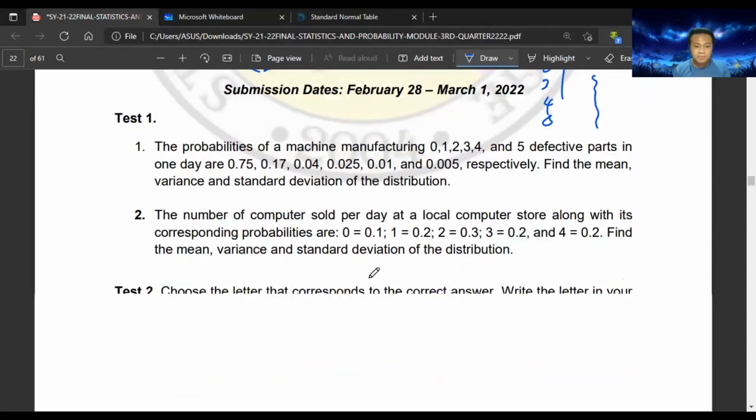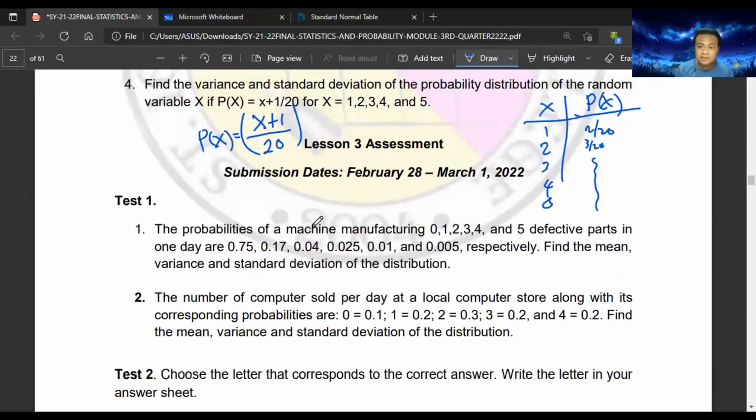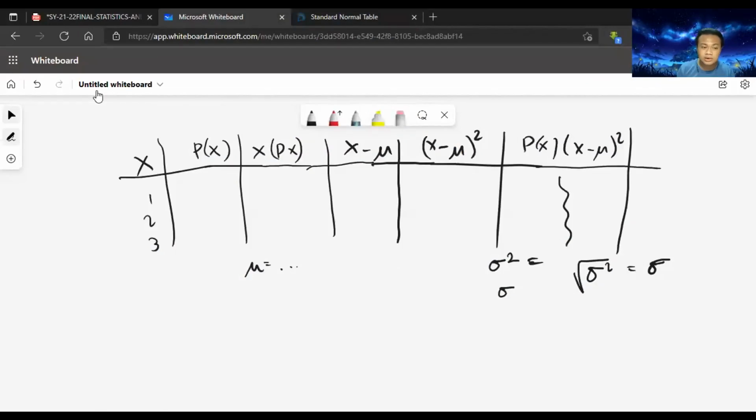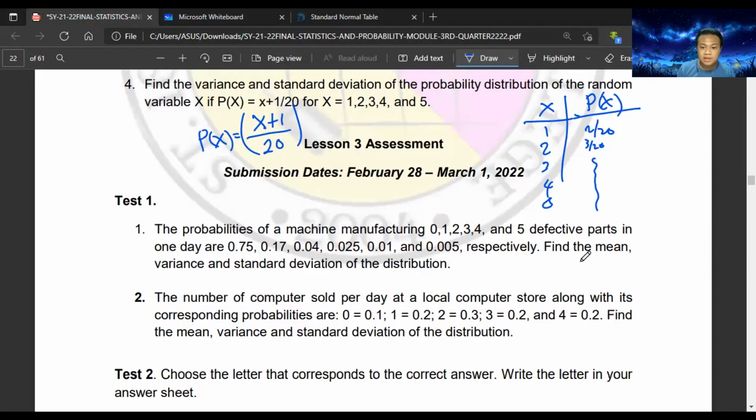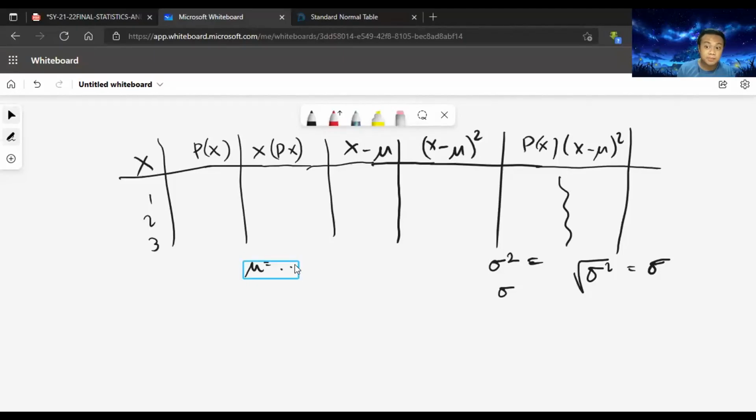It's the same as test 1 in your lesson assessment. I want to see this table in your answers. And then you already know the mean, just the mu.